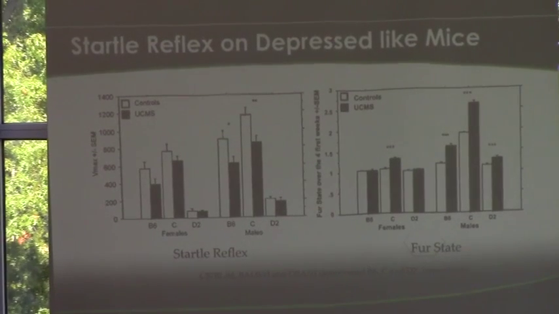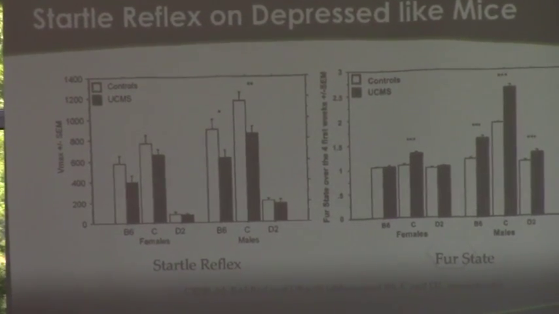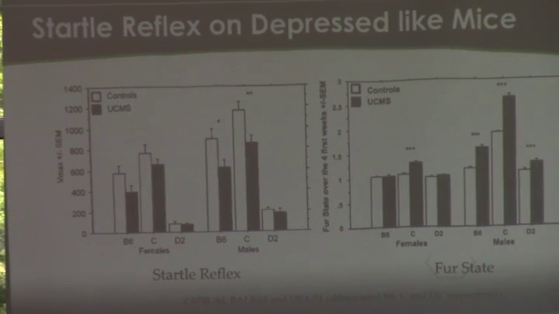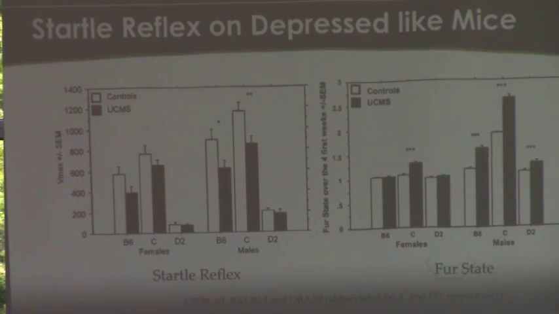And we can see something really interesting: this species, because it's really a good response on the UCMS. You can see the first state, it's really significant, less bad, just sad, and we can see the startle reflex correlates of depressed-like states.